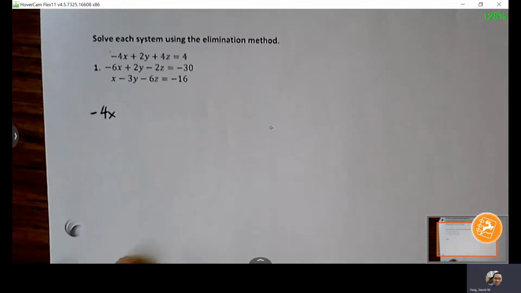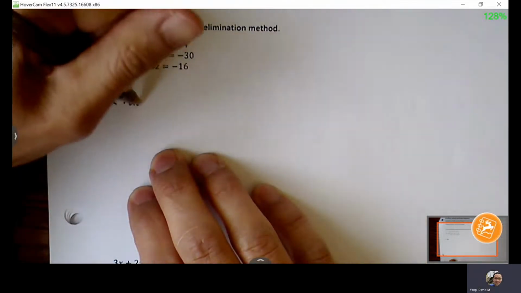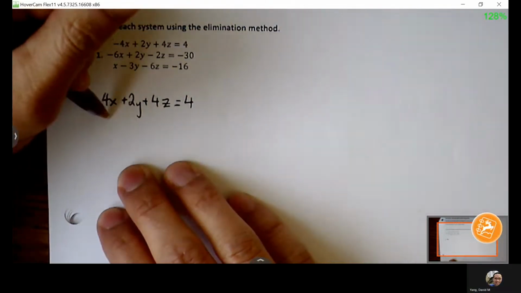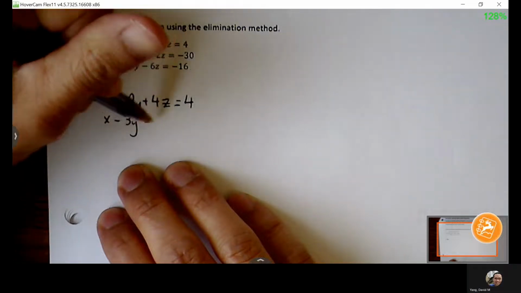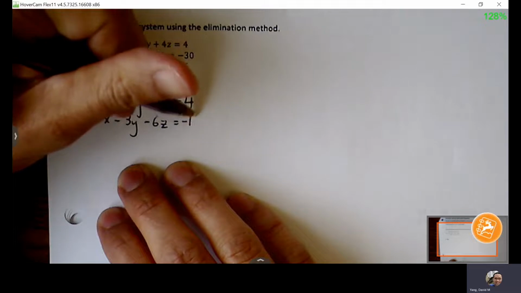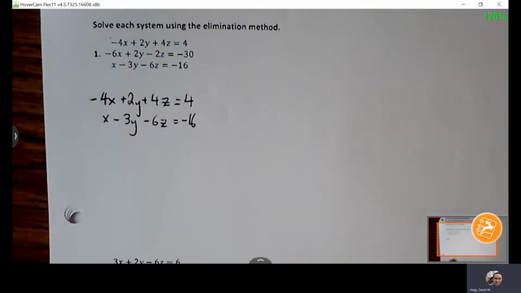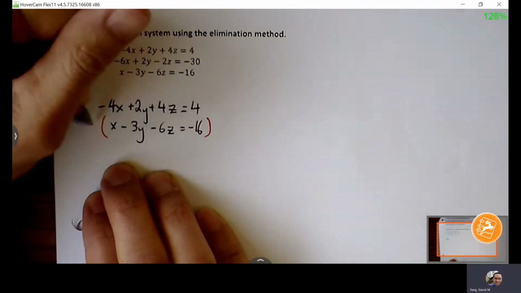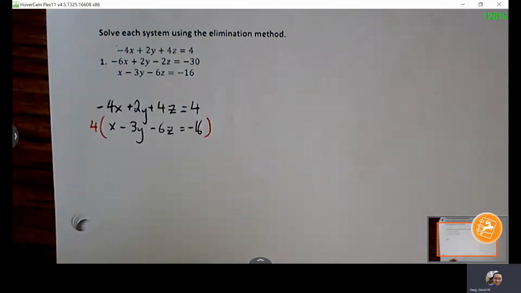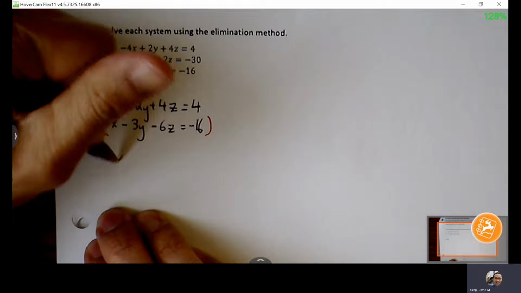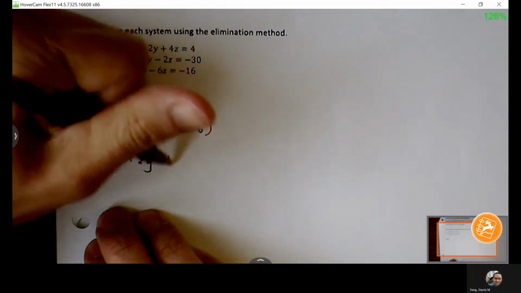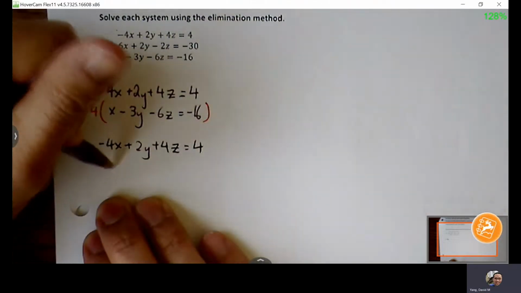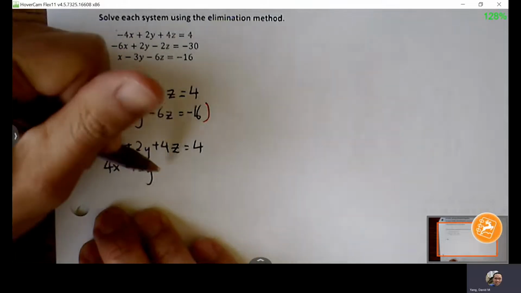Again, guys, page 21. All right, if I want to get the x's to go away, I can multiply the second term by 4. Okay, distribute the 4 through.